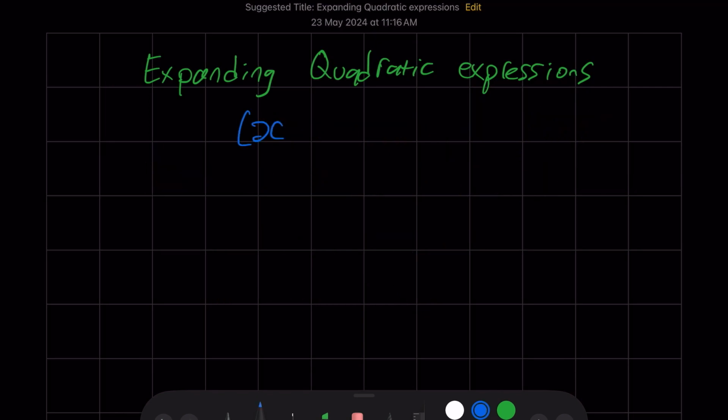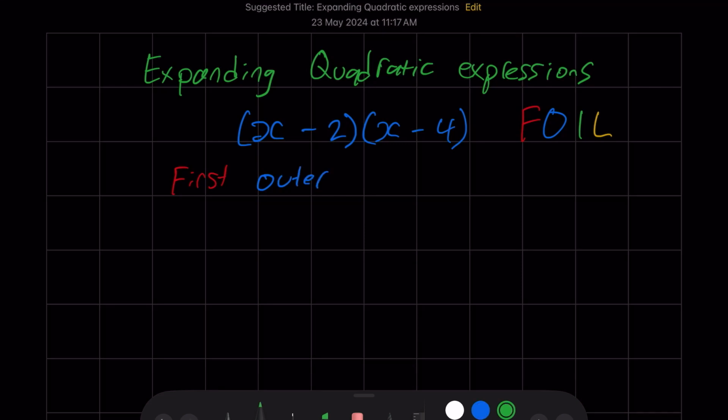We shall do one more. This time I have both negatives. Once again, we remember our acronym, FOIL, first, outer, inner, last, FOIL. So I'll write it out here, first, outer, inner, and last.